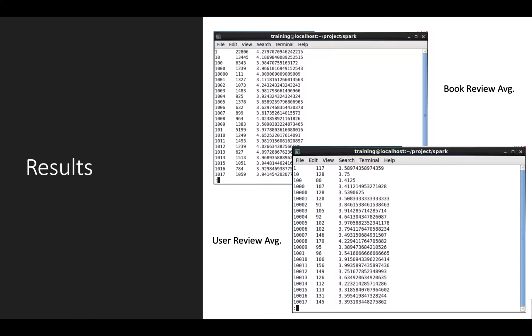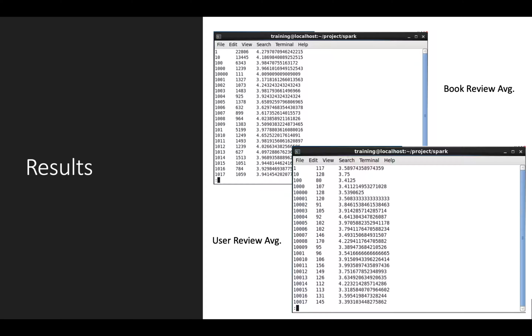So if we have somebody that really loves reading and they tend to rate every book high, you'd see something like a 4, 4.5. Whereas if it's somebody that likes reading but is really critical, maybe their average is a 3.5, 3.4, whatever.